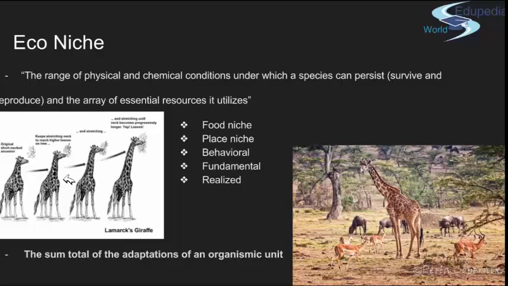But the most accepted ones are the fundamental niche and the realized niche. The fundamental niche of a species includes the total range of environmental conditions that are suitable for existence without the influence of interspecific competition and predation from other species. On the other hand, the realized niche describes that part of the fundamental niche actually occupied by the species.